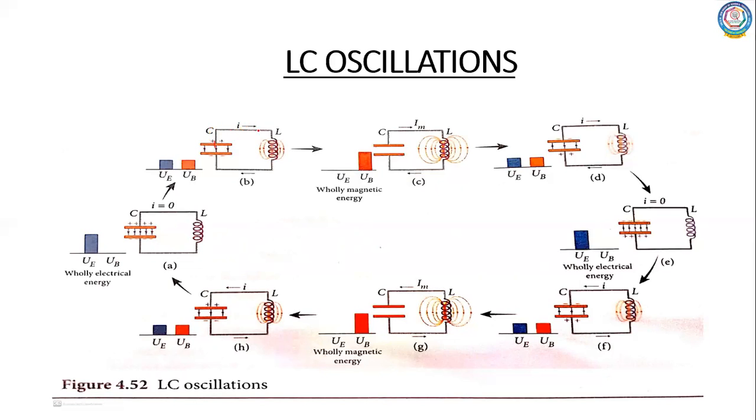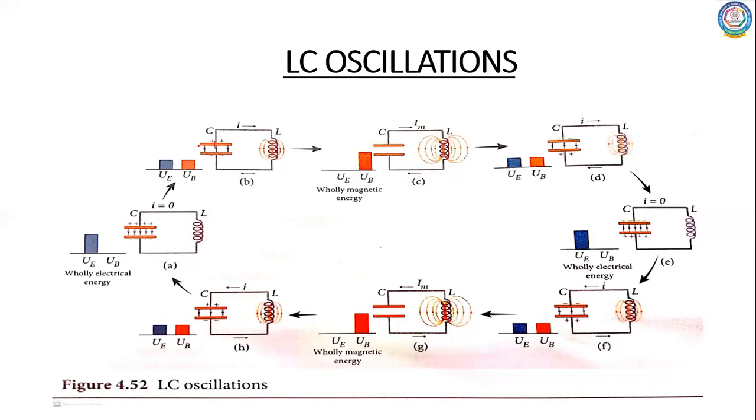So when there is a current flow, excuse me children, this current will produce a magnetic field around this inductor. Now there will be energy stored in the inductor whose value will be Li square by 2.